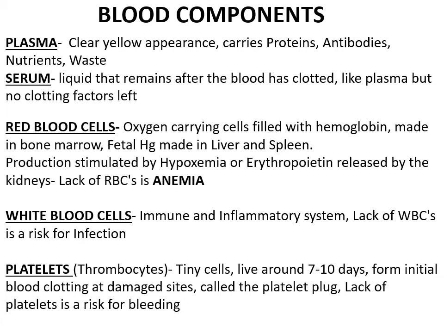So lack of platelets will lead to ongoing bleeding. Okay, so bleeding into your skin called petechiae, bleeding gums, because the platelets, if they're very, very low, just can't form that initial platelet plug.